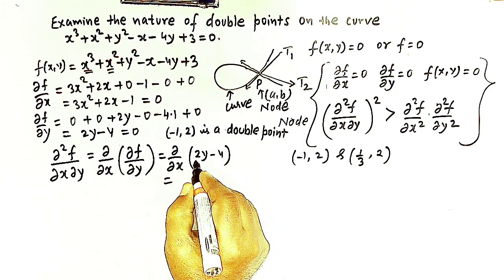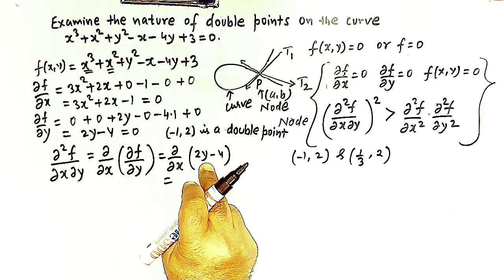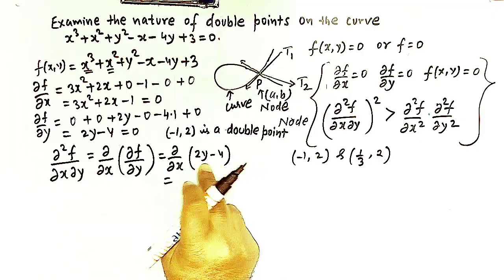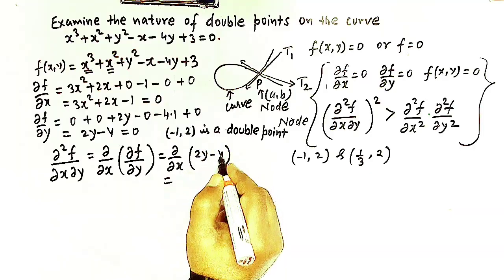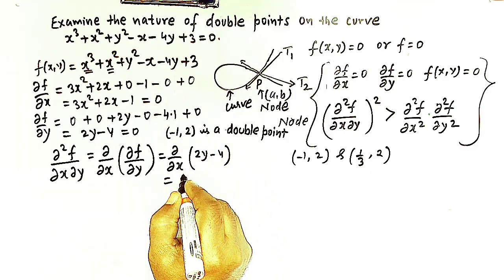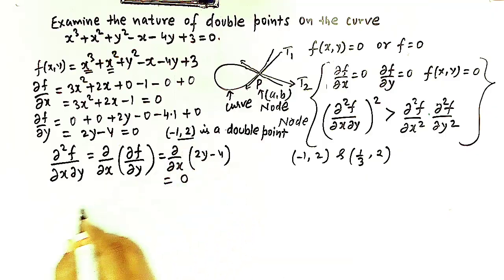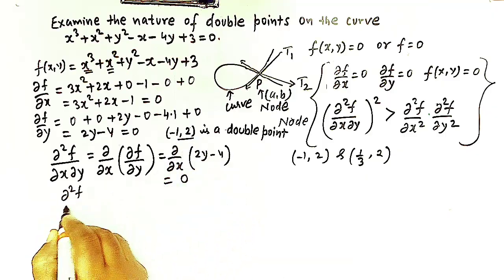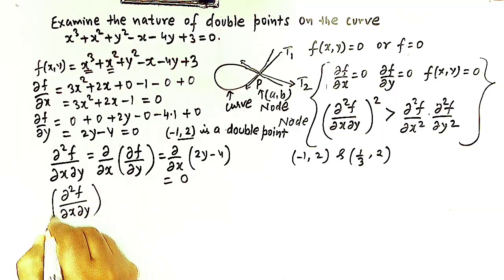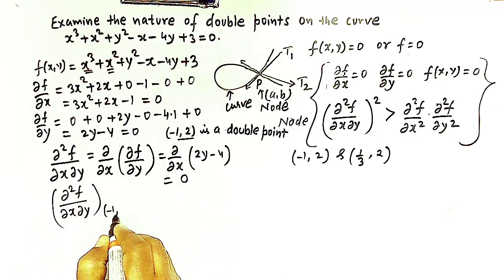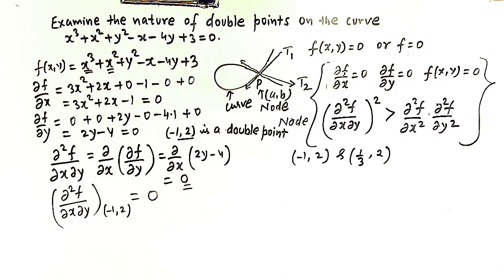Now we can see that this is a function of y only, right? So here we do not have any x, so the partial derivative of this expression with respect to x is 0, right? So at this point, that is, del square f over del x del y at minus 1 comma 2 is equal to 0, right?